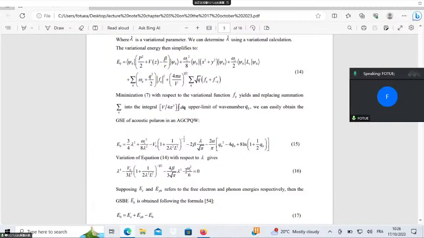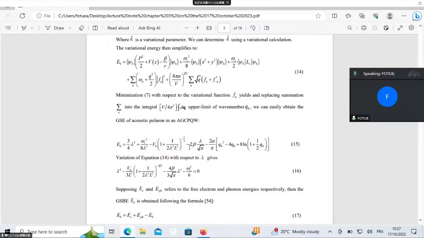So it means that we are going to solve this equation, and for each value of lambda, we will replace in the ground state energy to obtain the ground state energy corresponding to each value of lambda.